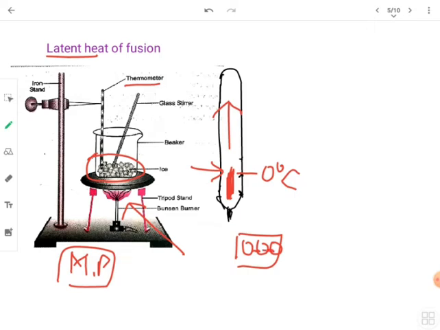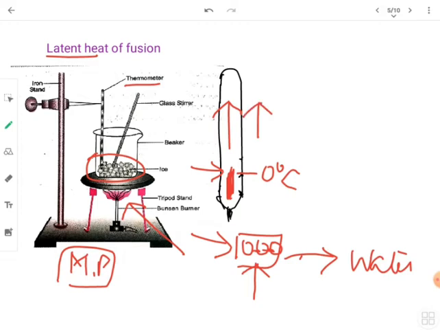So when the melting point of this ice is reached, all of this heat energy is getting used up in overcoming these forces of attraction. No heat is getting used up for raising the temperature. It is just used for breaking up these forces of attraction so that the solid changes into liquid. And the moment the whole of this ice has melted to form water, the temperature will start rising.